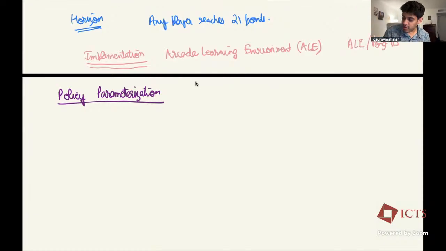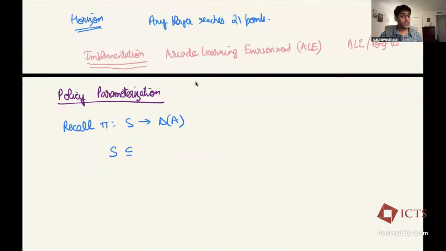Okay, so we have a policy. It's just a function from states to a distribution over actions. Let's make it more concrete. What is a state for us? In both the cases that I talked about, the state was continuous. So let's assume it's R^D, something continuous. For Cartpole, D was 4.